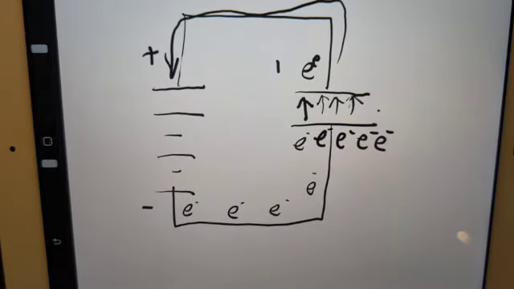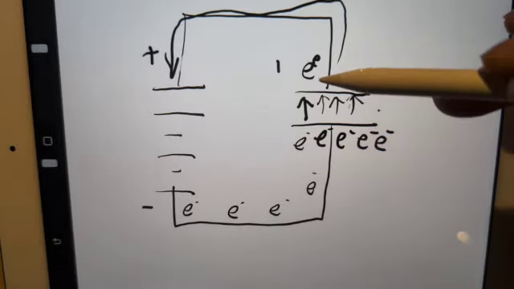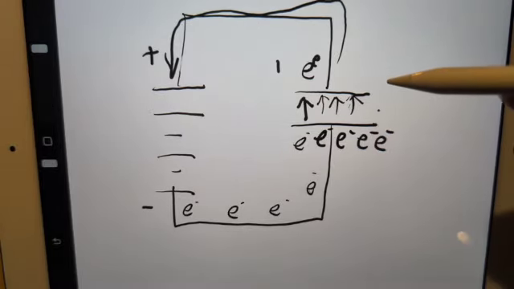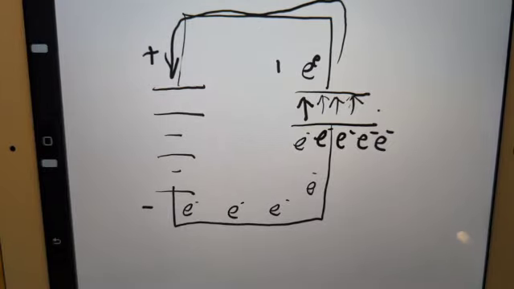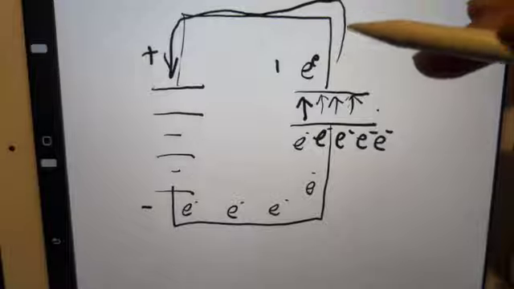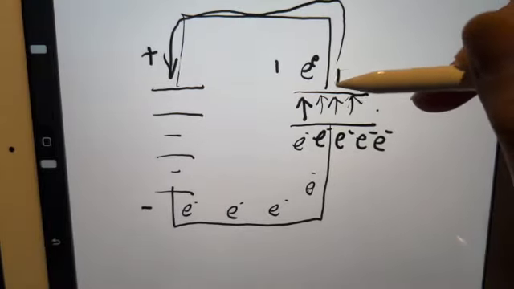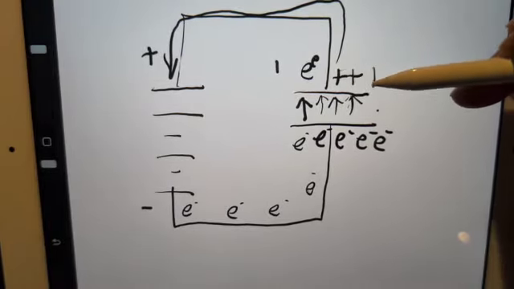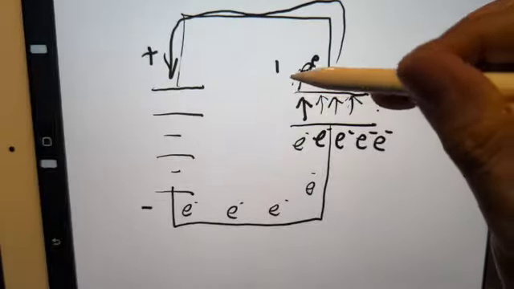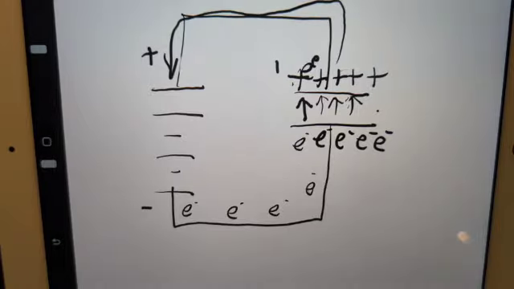So what happens when the atoms on this plate have lost their electrons? Well, their overall charge is positive here.